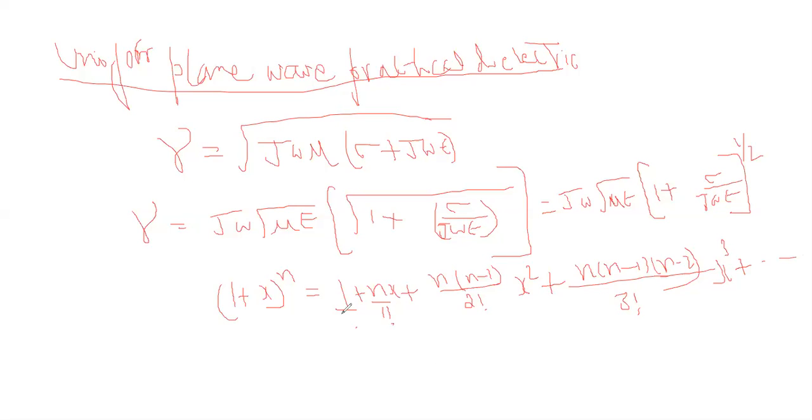I'm taking only the first two terms, neglecting the higher order terms, so it is equal to 1 plus n into x, where n is 1 by 2 and the x term is sigma by j omega epsilon.